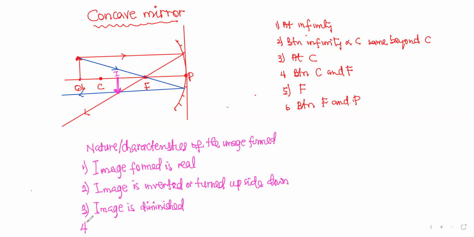So the final description is that the image is formed between C and F, between the center of curvature and the principal focus. So these are the characteristics of the image formed when the object is beyond C.